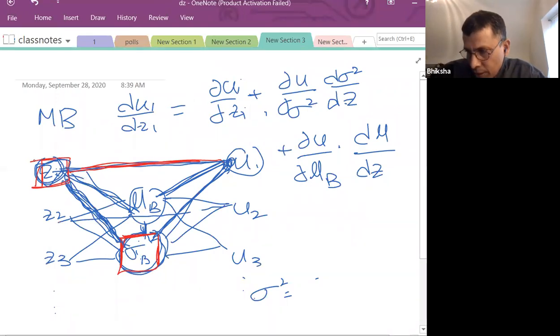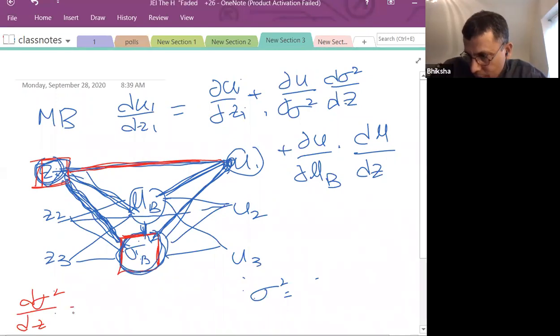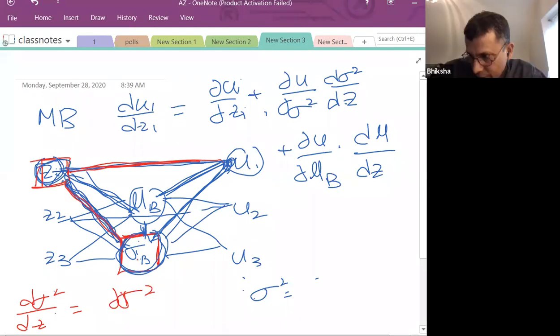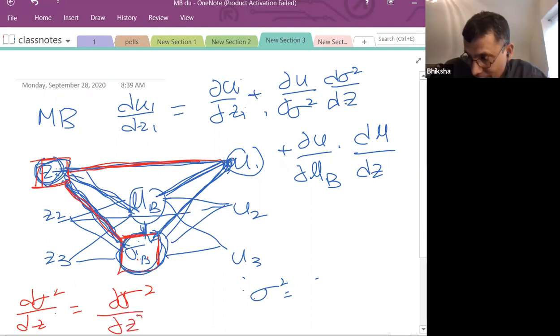How many different components will this derivative have? 2. And what are those? From sigma squared to z, that is del sigma b by del z. Is that a partial or a full? That's a partial, right? And what is the second term?